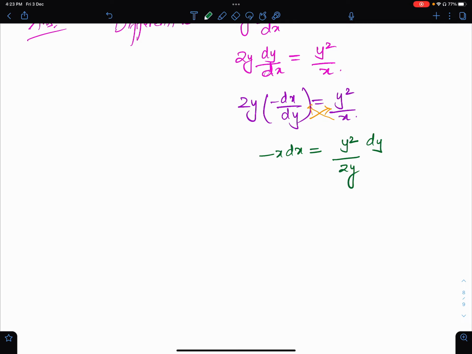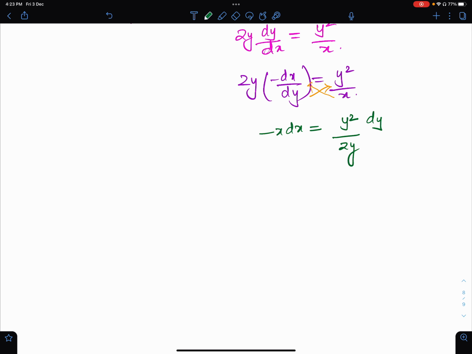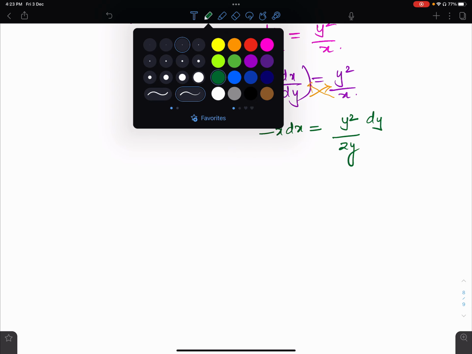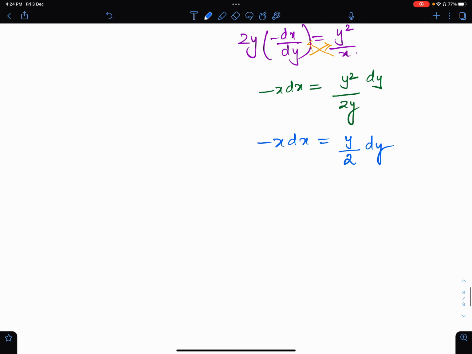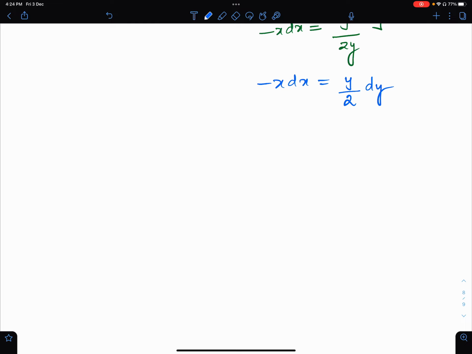Here you can see something can be cancelled. One y square can be cancelled. So x dx is equal to y by 2 dy after cancelling one y. Now just integrate both sides.